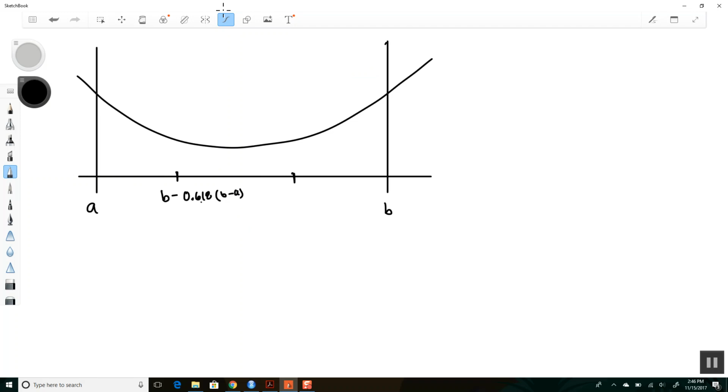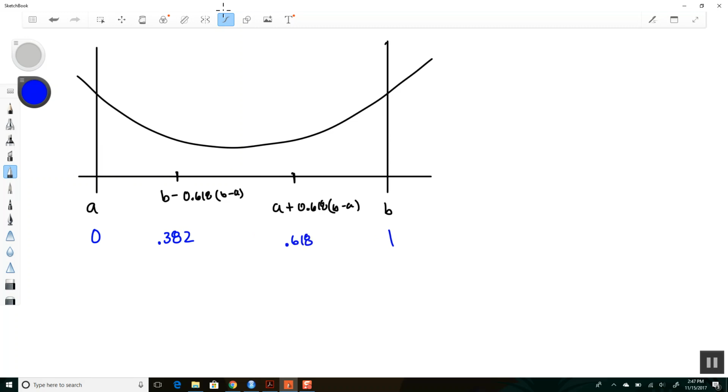So 1 plus 1.618 or 0.618. The ratio between 1 and 1.618 is the same as 0.618 and 1. So that's what's good, okay? And then over here we have A plus 0.618 times the span between B minus A. Just for simplicity, if A is 0 and B is 1, here I'm going to have basically 0.382 and 0.618.